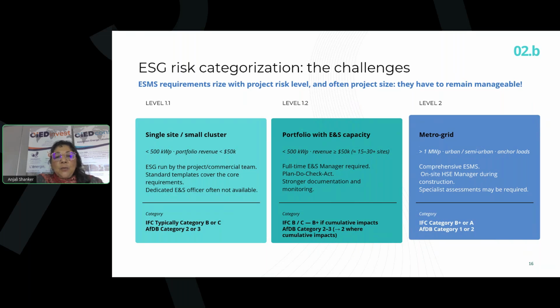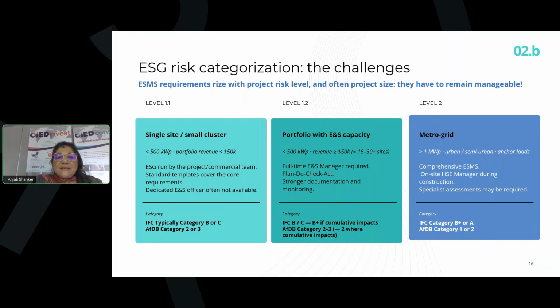Level 1.1 being either a single site or a small cluster. So here we are talking about less than 500 kilowatt peaks. These are, of course, not cast in stone, but the idea is to give a ballpark figure with a portfolio revenue of less than $50,000 per month.